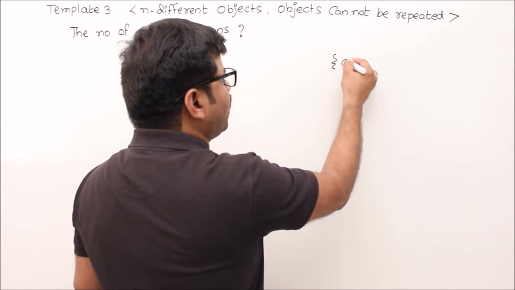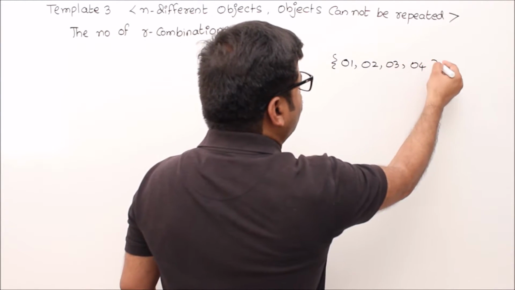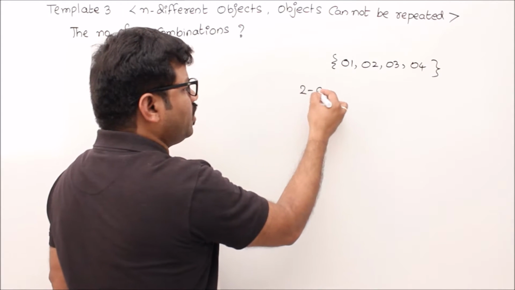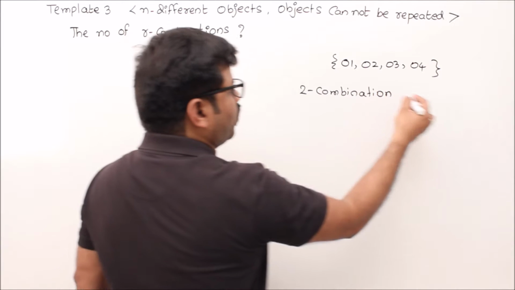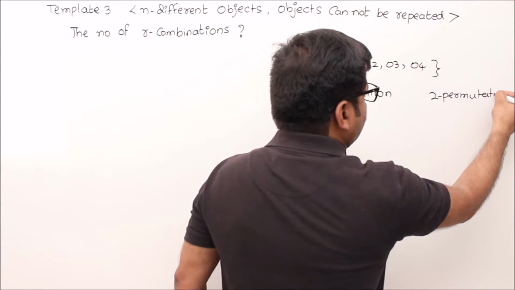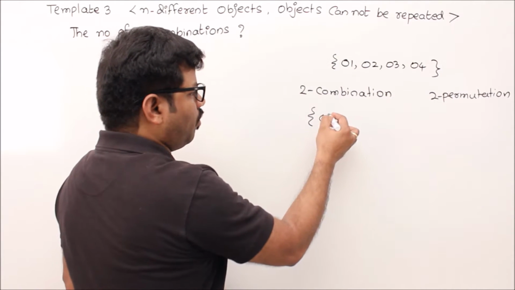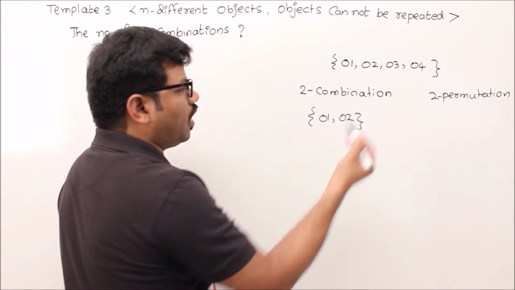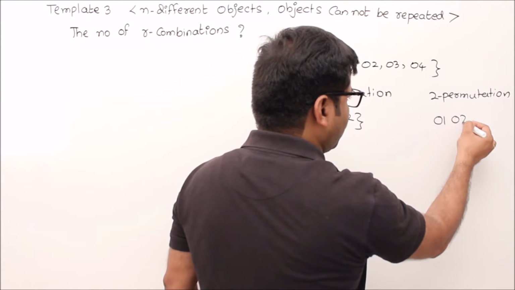If you have some set of elements O1, O2, O3, O4, and I discuss two things: one is two combination, second one is two permutation. An example of two combination is O1 comma O2, and an example of two permutation is selecting two objects and arranging them in the line.